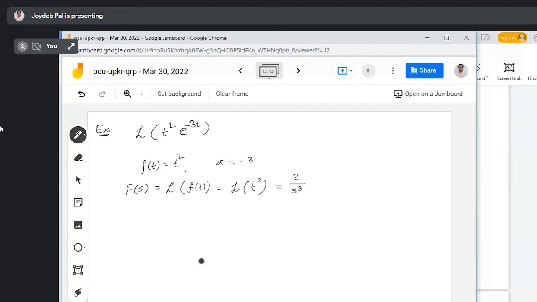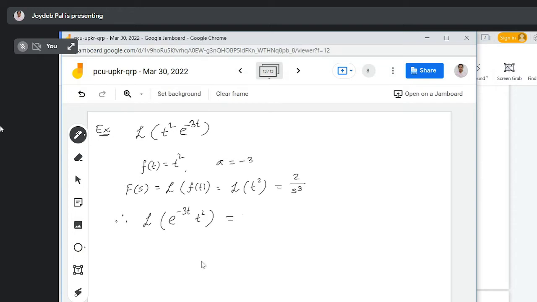Now, therefore, Laplace transform of e to the power minus 3t t square will be what? F of s minus a, right? Now s minus a means what? s minus a means s plus 3, s minus of minus 3, right?